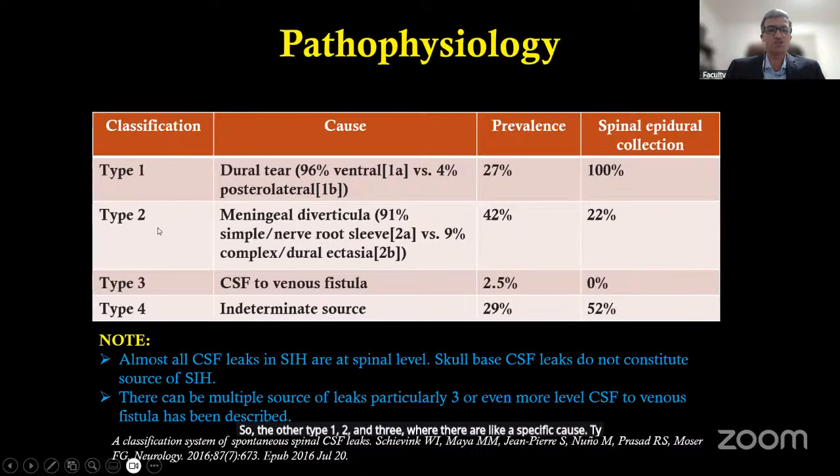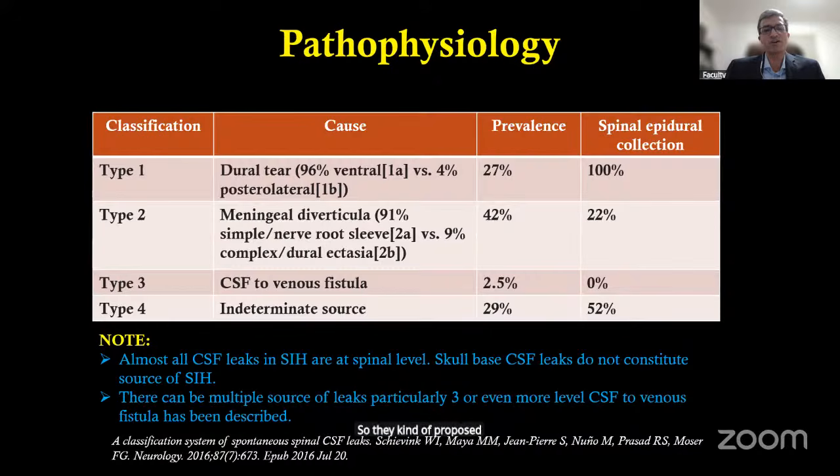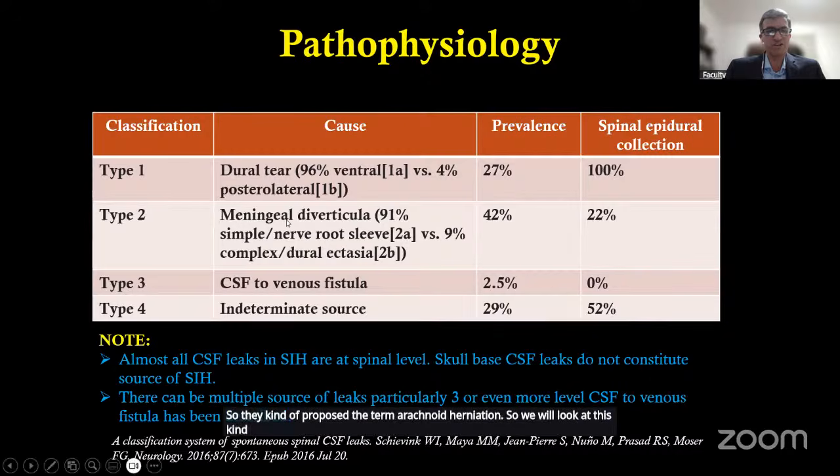Type 2 is the most common one, which is because of the meningeal diverticulum. Recently there was a publication saying the diverticulum is a misnomer because diverticulum is synonymous with perineural cyst. So they proposed the term arachnoid herniation. We will look at this in a couple of minutes. Okay, and that's type 2.